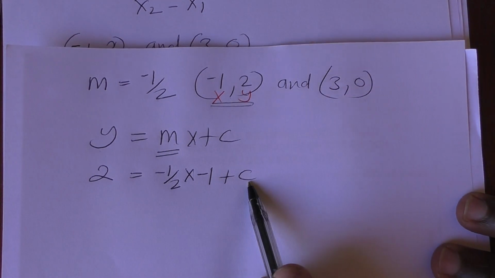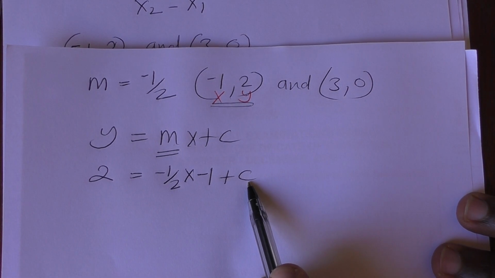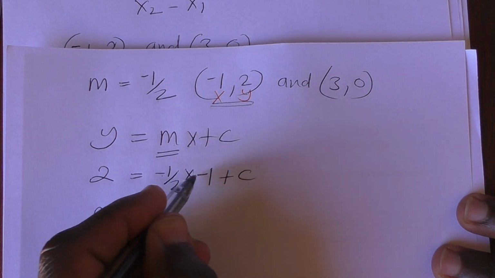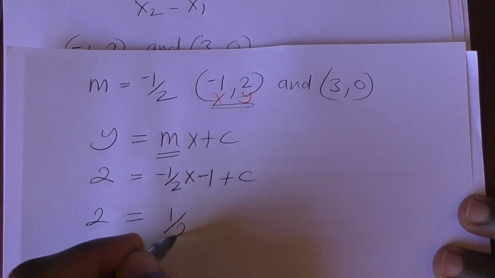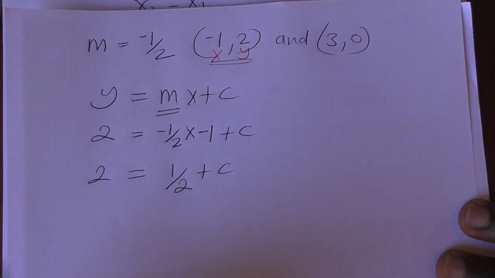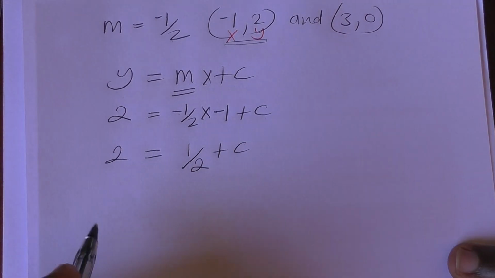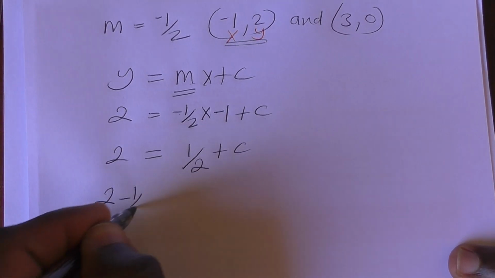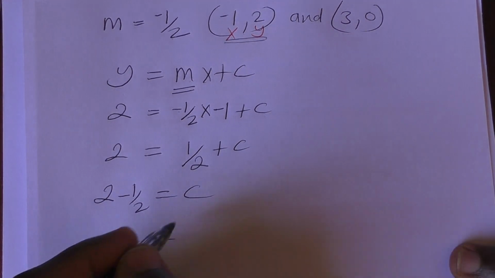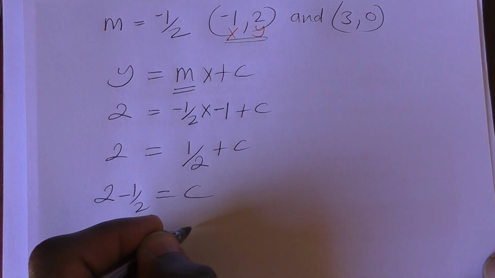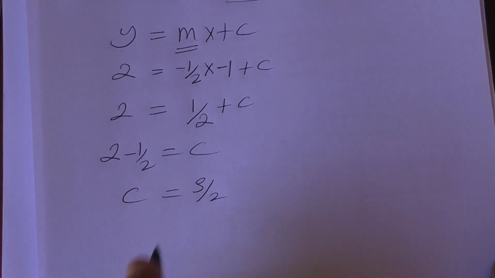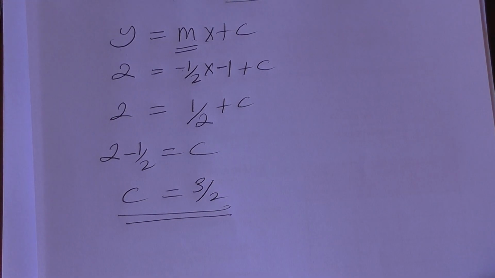So that I remain with 1 unknown, hence giving me 2 equals negative a half times negative 1, which is 1 over 2, plus c. So I will get c by collecting like terms, which is 2 minus a half equals c, hence giving me c as 1.5 or 3 over 2. So this is my y-intercept.